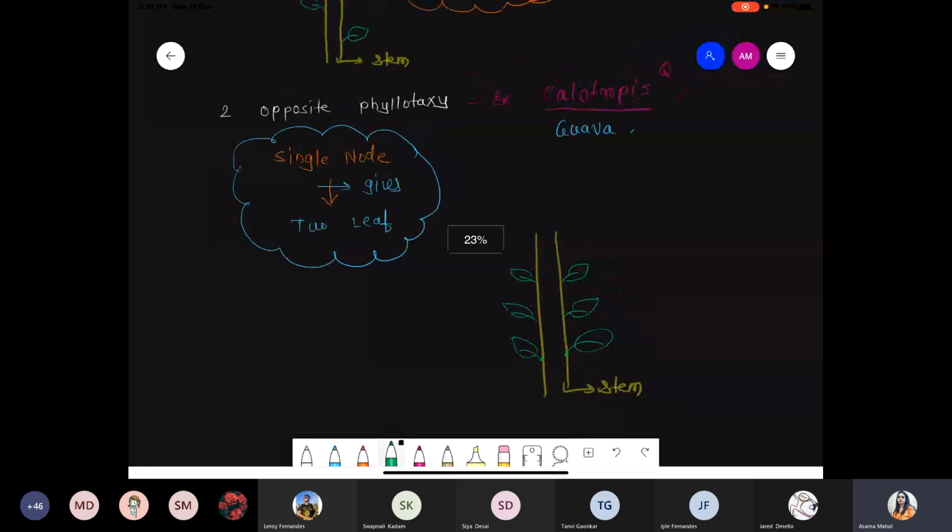Got it? Very simple. And the last point, number 3, verticillate phyllotaxy, or we can say circular phyllotaxy, or whorled phyllotaxy, where leaves are present in a cluster.